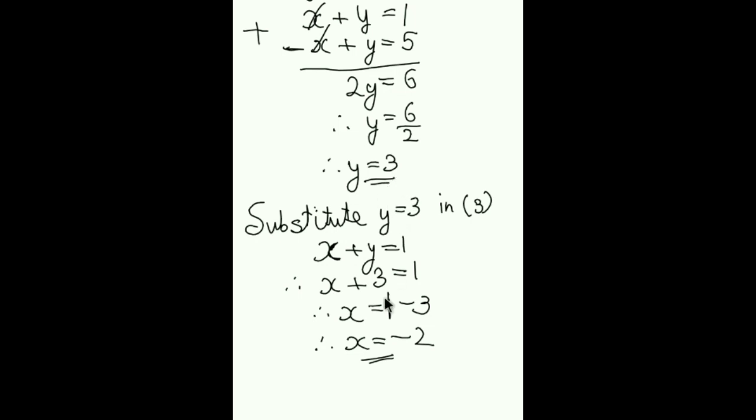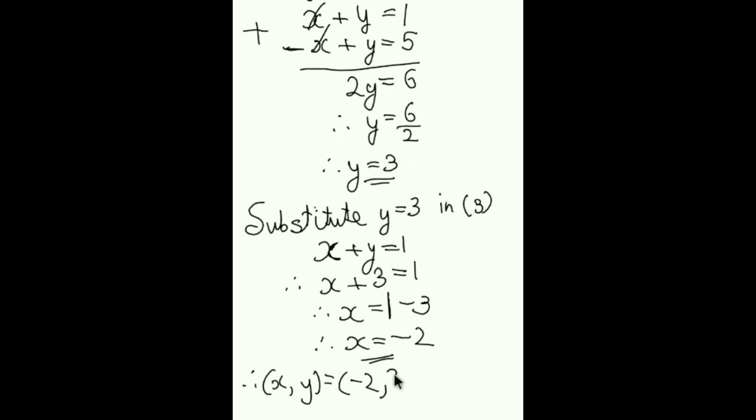Now we got the value of x and we got the value of y. So how will we write the solution? Therefore x comma y equals, the value of x is minus 2, minus 2 comma the value of y is 3.